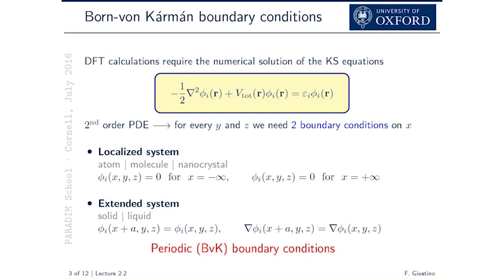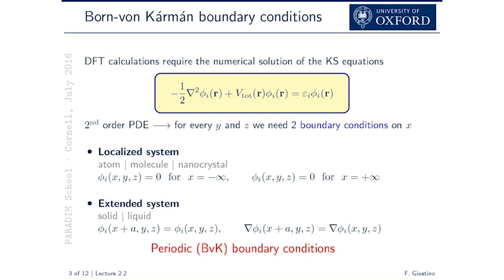So using that, you have 2 conditions. One, that the wave function is identical when you go to the end of the box. So if that is your simulation box, you're saying that the value of the wave function here is identical to the value here. So that's the first condition. The second one is that the gradient of the wave function is also the same. Okay?